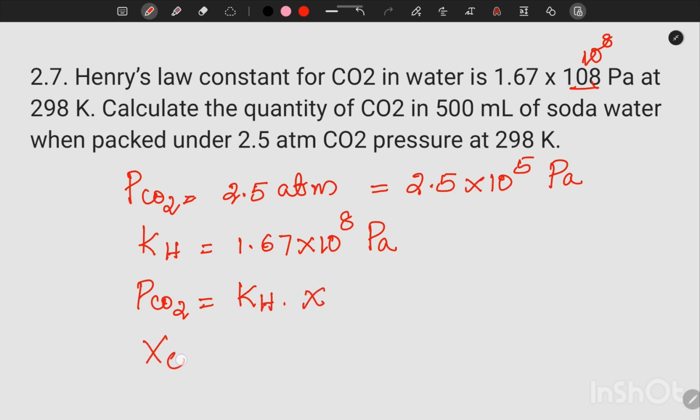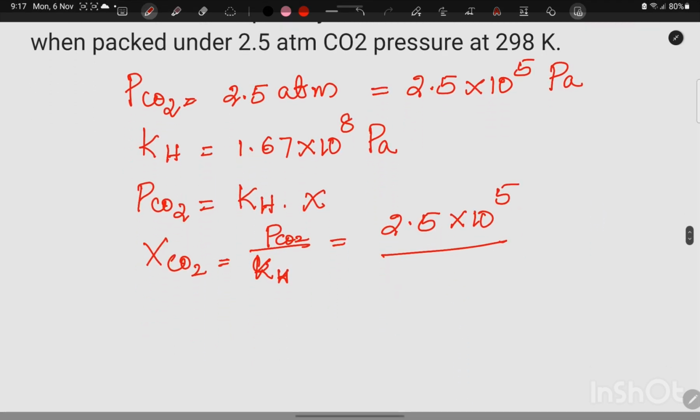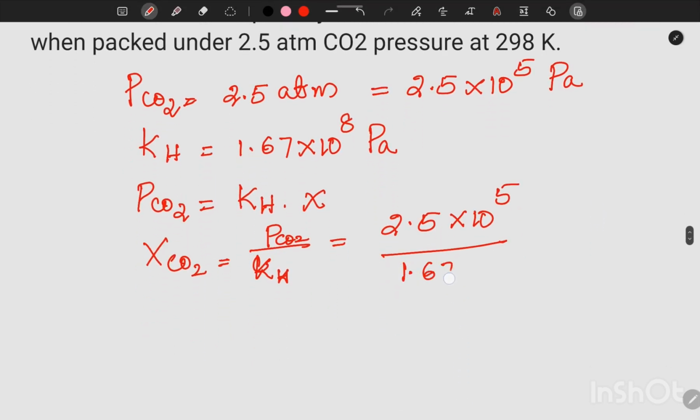So, mole fraction of carbon dioxide is equal to partial pressure of carbon dioxide divided by Kh. Partial pressure of carbon dioxide is 2.5 into 10 raised to 5 Pascal divided by the Kh value, 1.67 into 10 raised to 8.